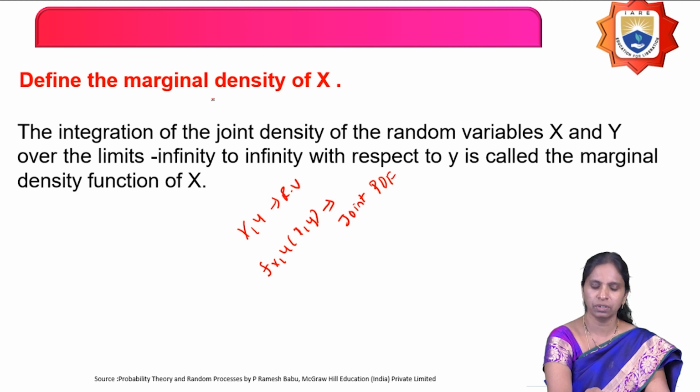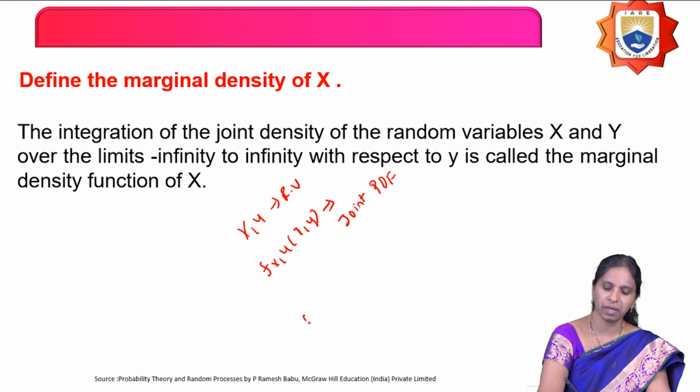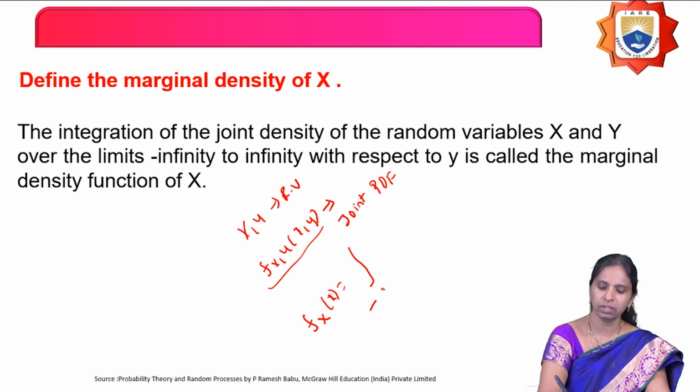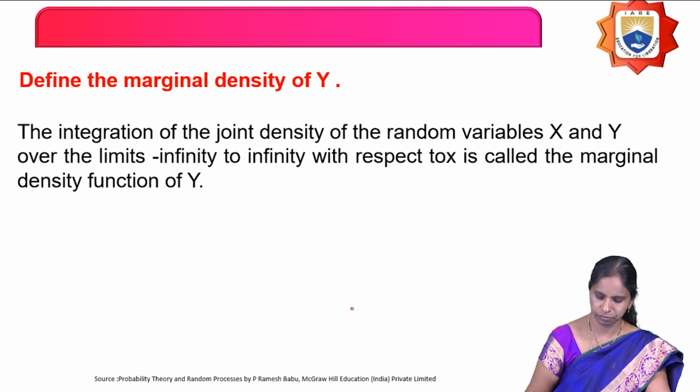Now you have to define the marginal density function of X, represented by f_X(x). How can you obtain it from this joint density function? You have to integrate the joint density function over the limits minus infinity to infinity with respect to y. Then you will get the marginal density function of X.